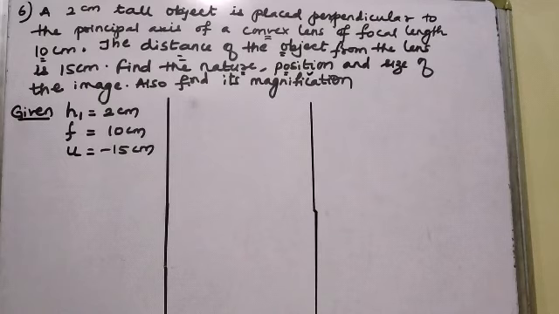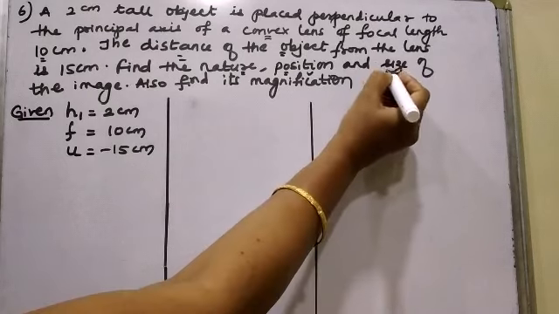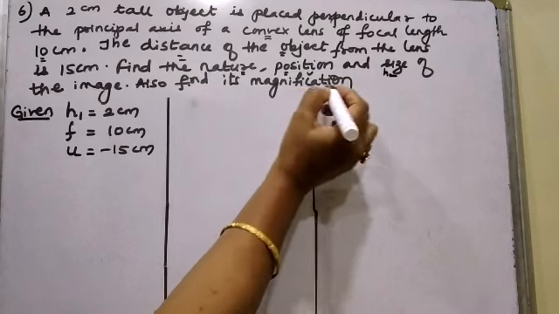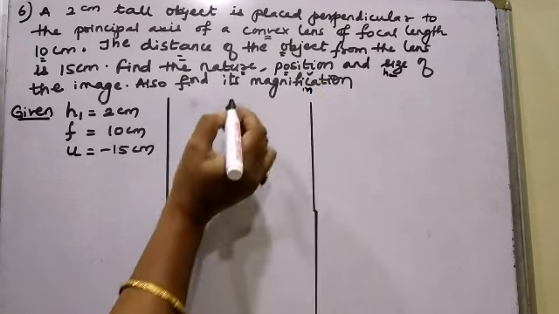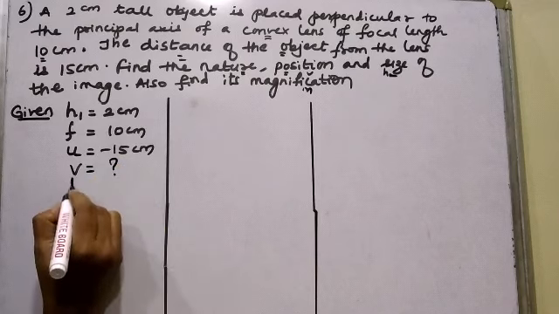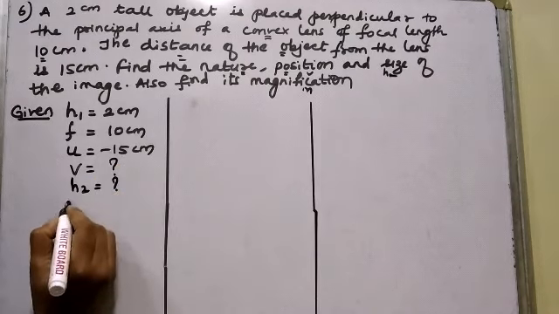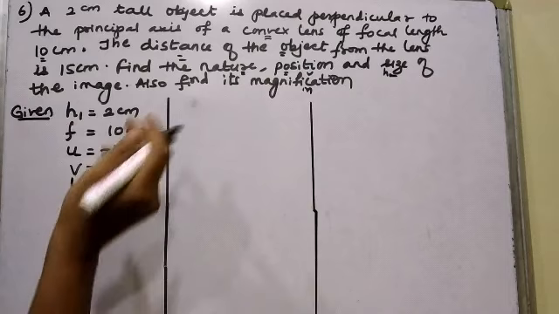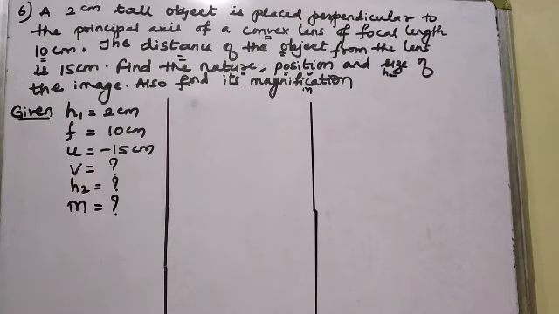So you have to calculate V, the size of the image, that is H2, and the magnification, M. We have to find out 3 things: the position, the size of the image, and the magnification produced. Also the nature of the image, which we will get from the value of V and H2, whether the image will be real or virtual.